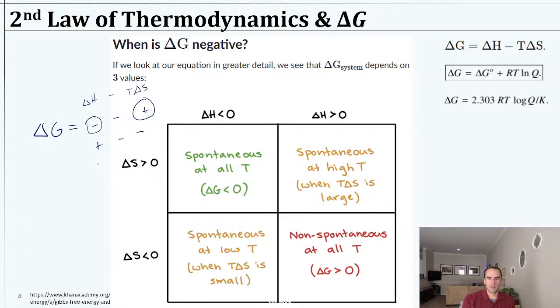Now, if we have the edge cases here, if we'll start on the first column, if delta H is less than 0, so we have negative, and then we have minus a negative, so I'm just going to draw this over here actually. This is a negative minus a negative.